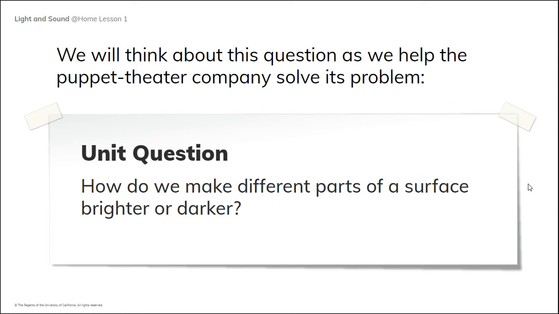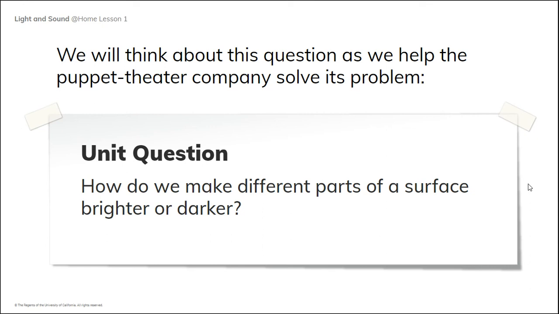How do we make different parts of a surface brighter or darker? That's what we're trying to solve for this puppet company. They want us to have three different levels of brightness. They want us to have super bright, really dark, and something in the middle. How do we make different parts of the same surface or a surface in general bright or dark?